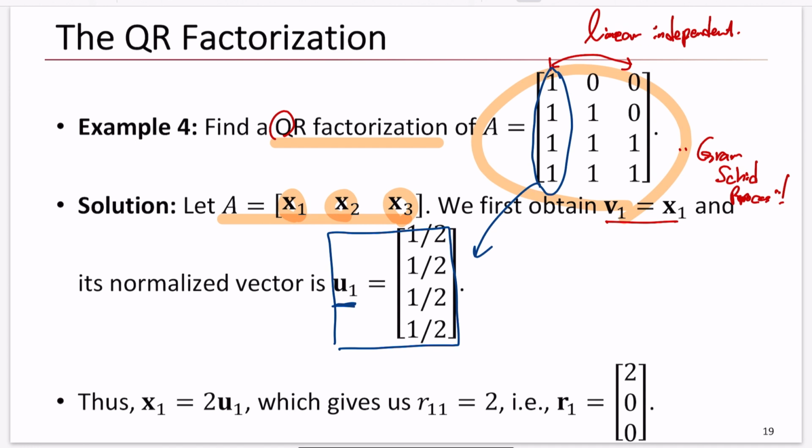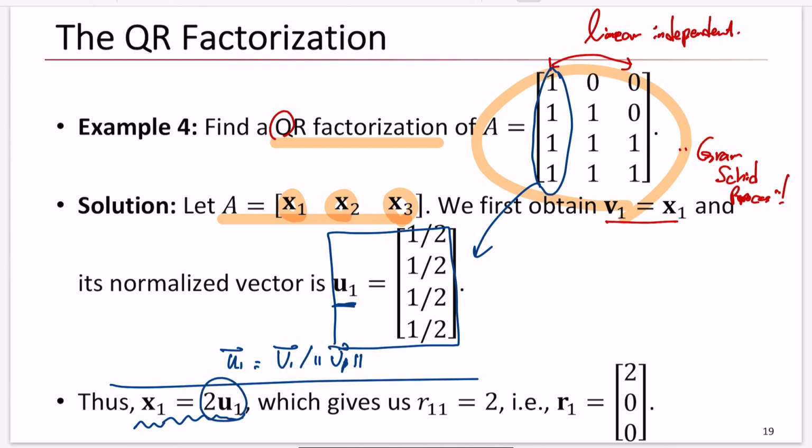So it means that u1 was like v1 over the length of v1. So from this computation, x1 was like 2u1.